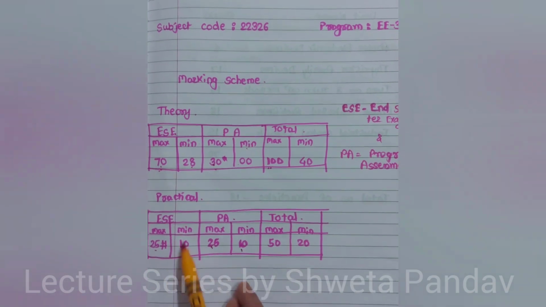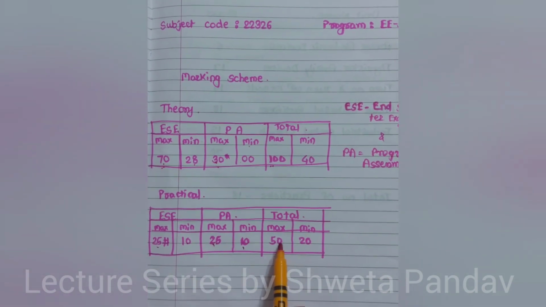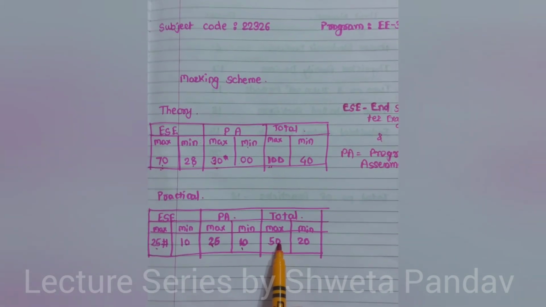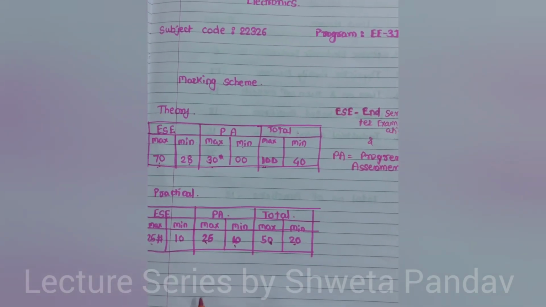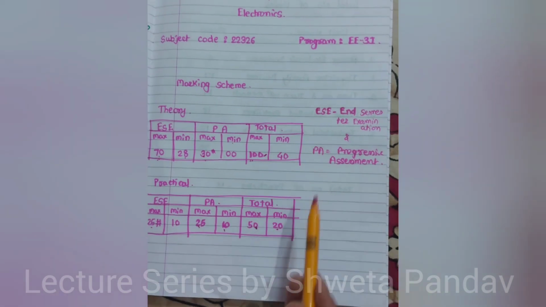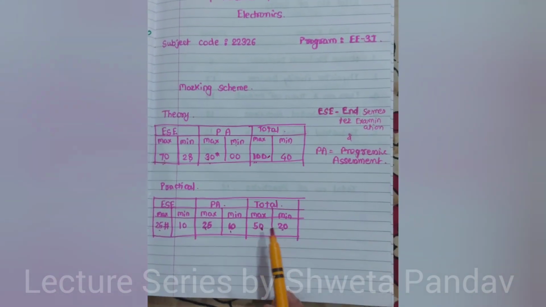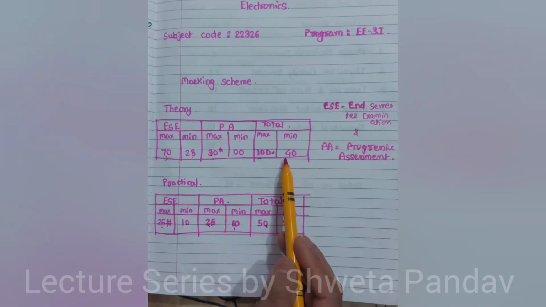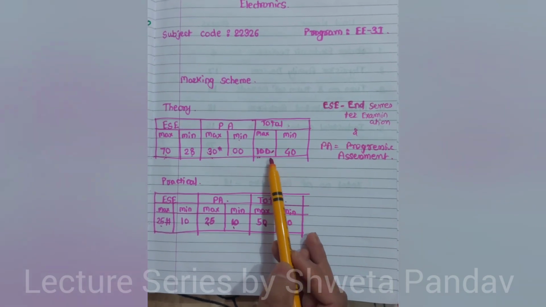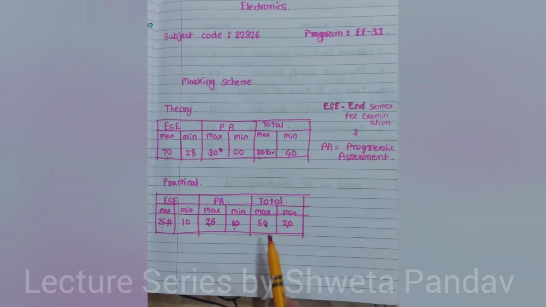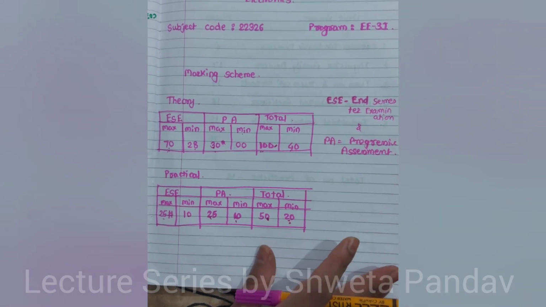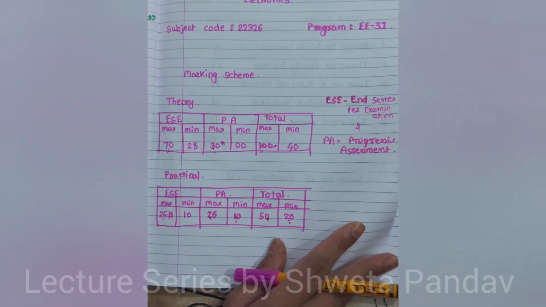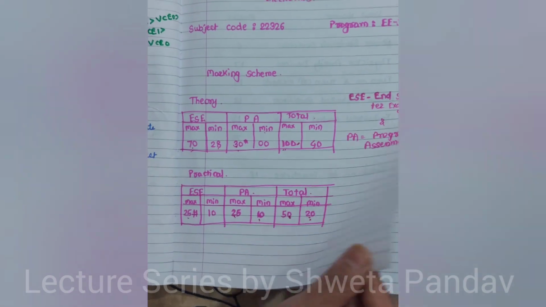So the total practical examination is 25 plus 25, a maximum of 50 marks, and the minimum to be scored in practical is 20 marks. So the theory paper is of 100 marks and the practical paper is of 50 marks. To pass the theory, 40 marks are required, and to pass the practical examination, 20 marks are required. So this is the theory and practical marking scheme.